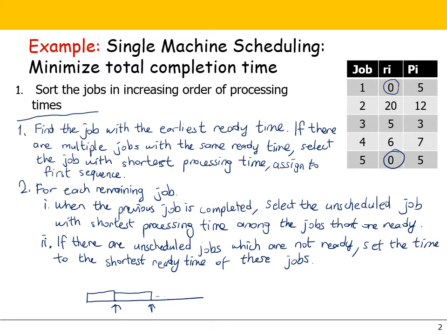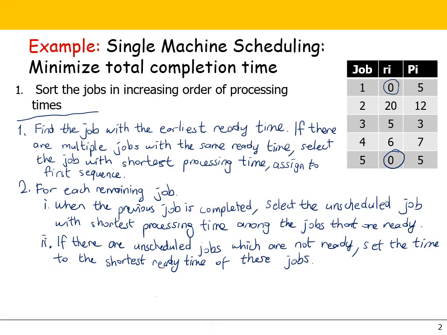You have to wait until the arrival time of the earliest job, and then we will continue with that one. Okay. So let's try to solve this problem with this heuristic which we just developed here. It's just an idea. We don't know if it is a good one or not, but it has some idea.